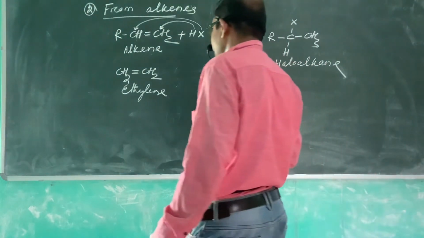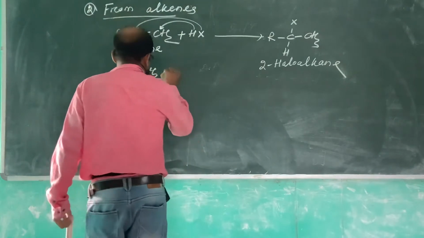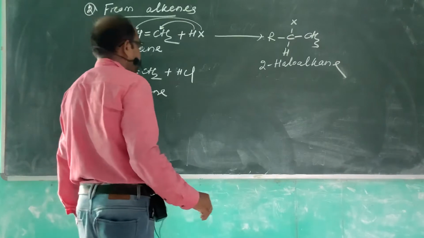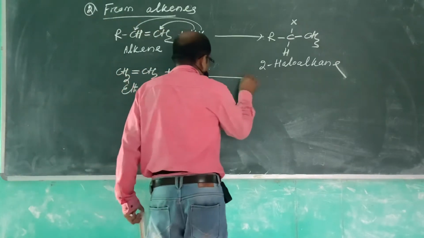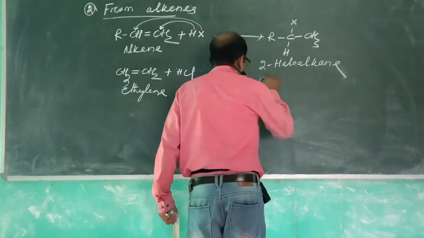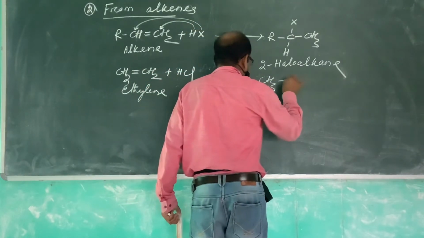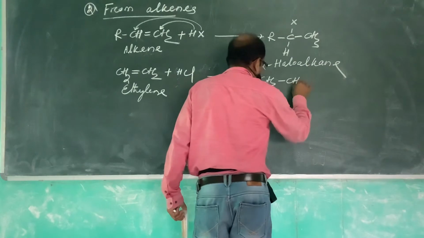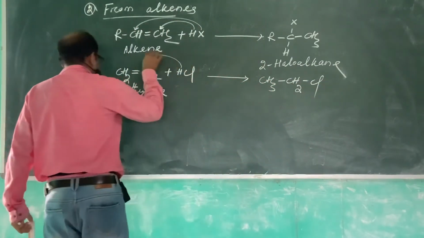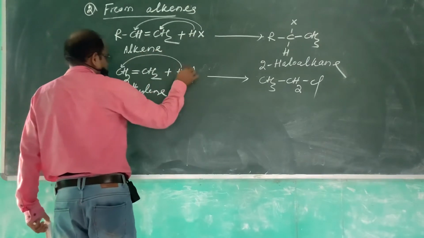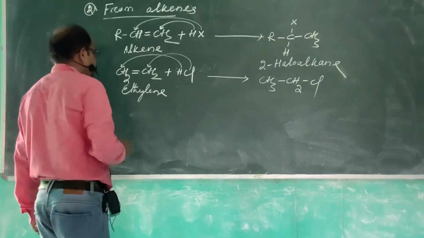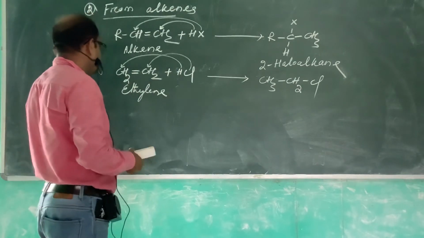Ethylene, one of the symmetrical alkenes, reacts with the HCl in dark condition at low temperature to produce ethyl chloride. Here hydrogen atom is attached with this carbon atom, chlorine atom is attached with this carbon atom due to dissociation of pi bond of the ethylene group.